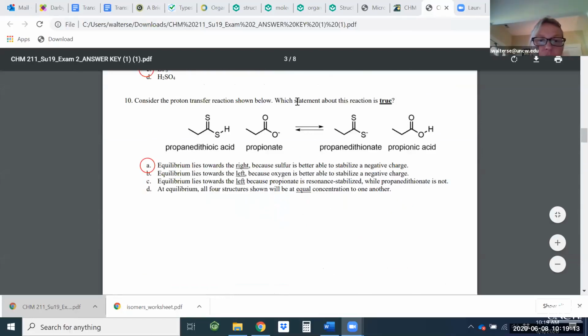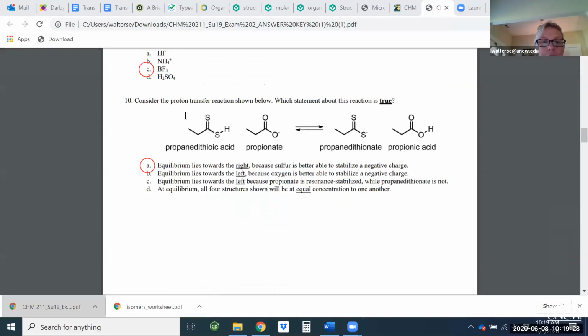Consider the proton transfer reaction shown below, which statement is true. Okay, so we have a sulfur-based acid, propionate, deprotonated. I'm just going to write some things on here that I would need in order to analyze this question.